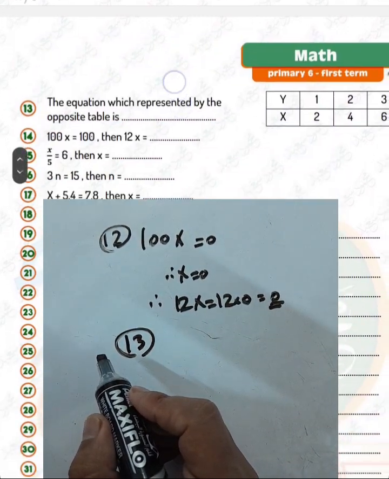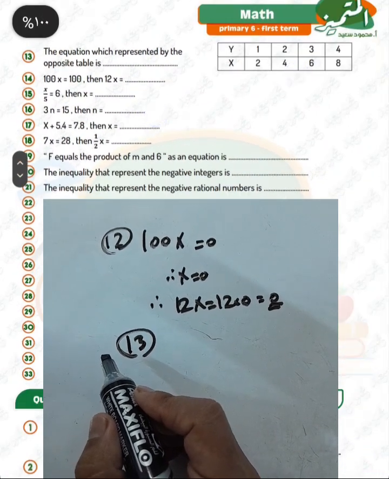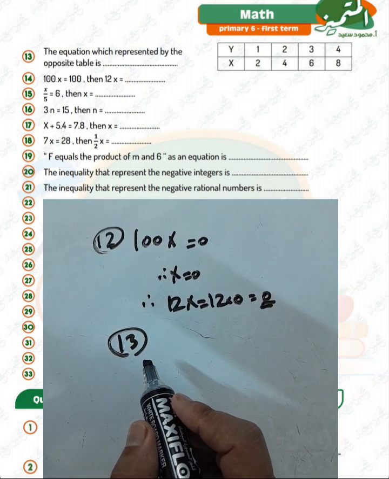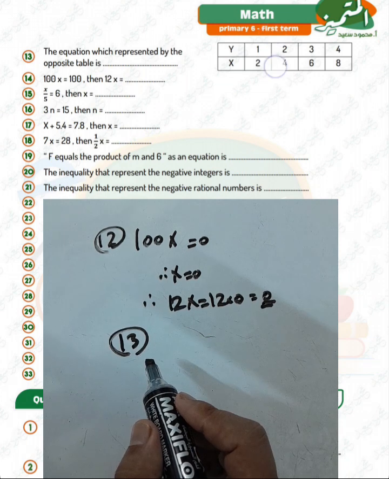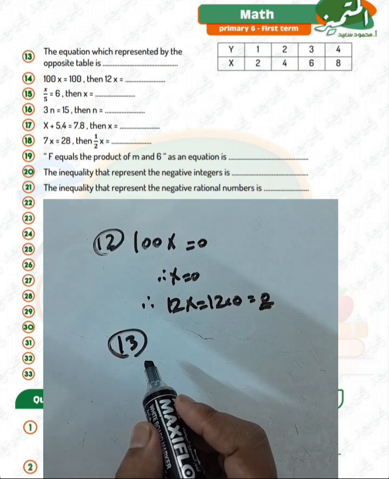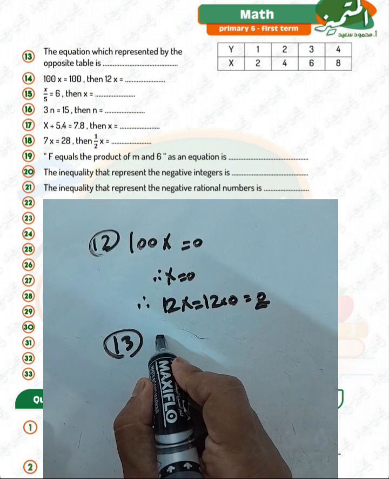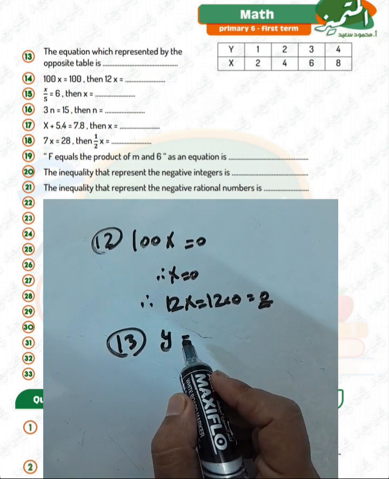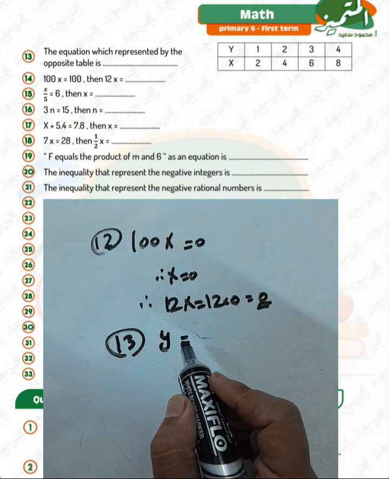Question 13. The equation which is represented by the table: 1 is 2, 2 is 4, 3 equals 6, and 4 equals 8. We can find the relation between x and y. We know y equals 1 and x equals 2, so 2 multiplied by 2 equals 4.